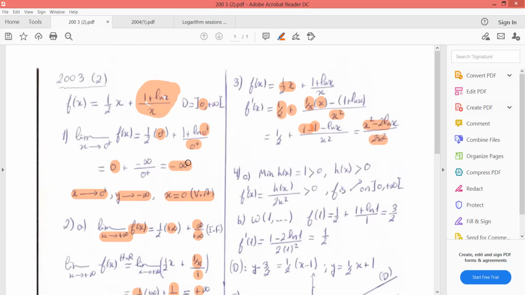Any questions about the calculation of the derivative? So the derivative is of the form u plus v. We determine the first derivative of the first, half, plus the second, which is of the form u over v, where we get u prime v minus v prime u over v squared.